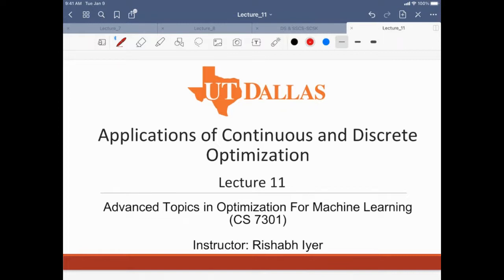In continuous optimization, we looked at various kinds of problems, like strongly convex, non-convex, smooth, non-differentiable convex functions, basically Lipschitz continuous functions, and so on and so forth. We also looked at various scenarios like constraints. So we looked at constrained problems, unconstrained problems. We looked at algorithms for constraints.